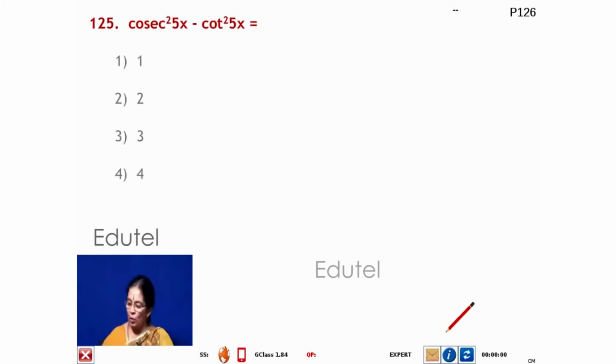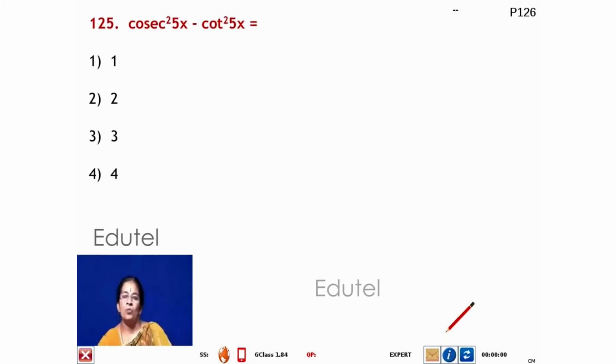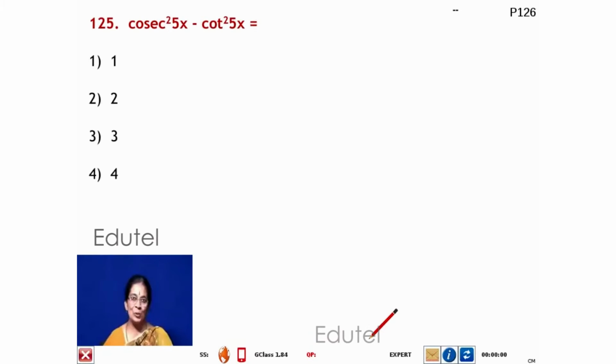Okay. Now what about this question? What is the answer for cosecant square 5x minus cot square 5x? How is this looking? It is looking like cosecant square x minus cot square x.